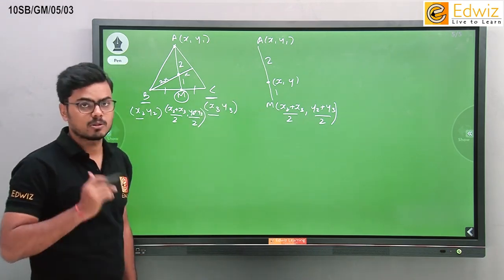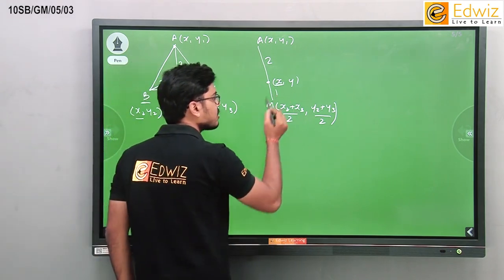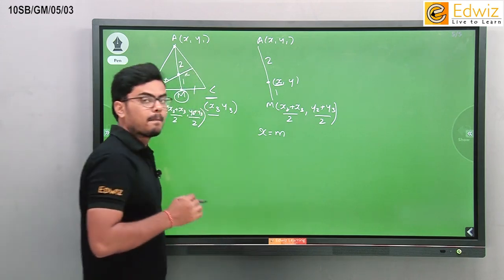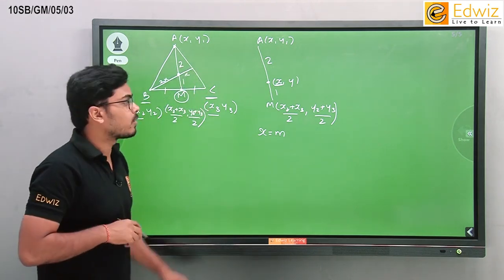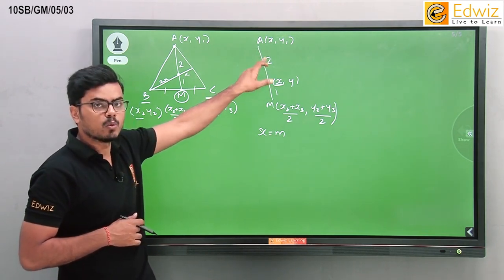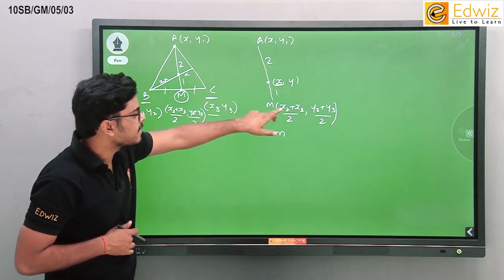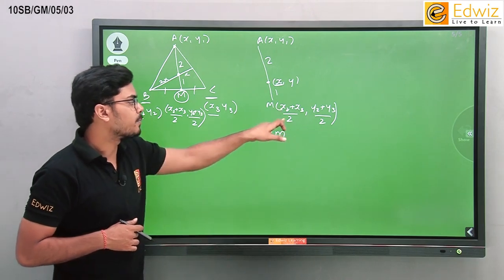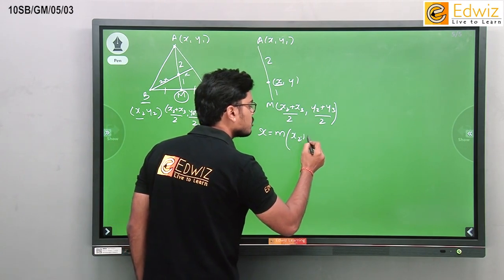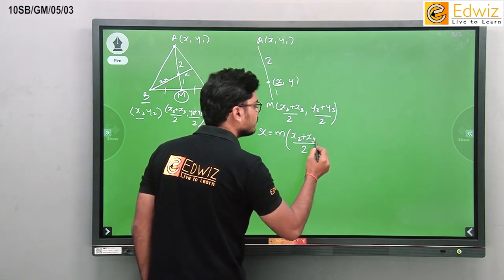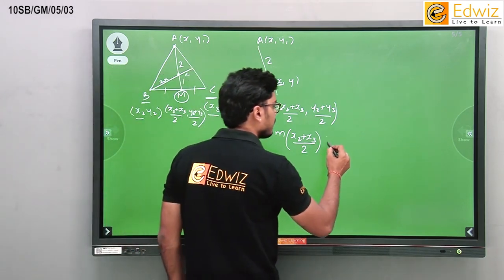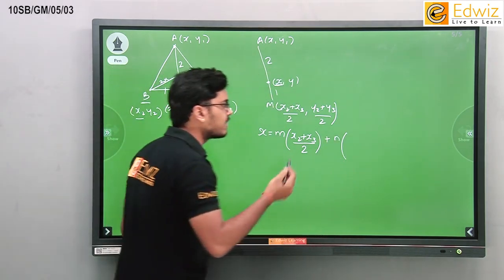We know the ratio. So section formula में क्या था? अगर x coordinate find करना है तो क्या करते हैं हम लोग? M multiplied by x2. Okay, तो यहां पे x2 क्या होगा? यहां पे अगर मैं m इसको कंसिडर करता हूं 2 को, तो इसके लिए x2 will be x2 plus x3 upon 2, ये पूरा. करेक्ट? सो m multiplied by x2 plus x3 divided by 2, that is mx2, plus n x1.